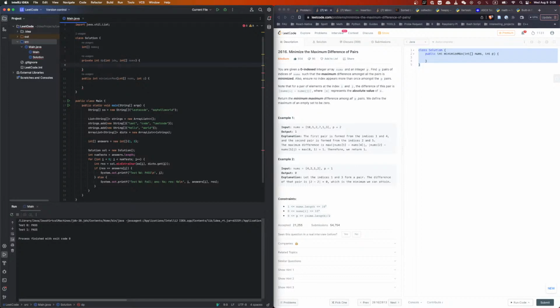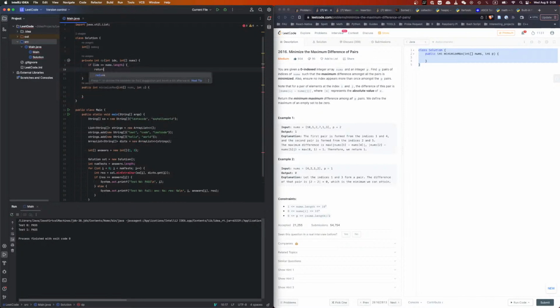Alright, so we can say if index goes to the end, then the value, right? What we want is the value. So if I go to the end, it has no value. So I say if index equals nums.length, I believe this returns 0, right?